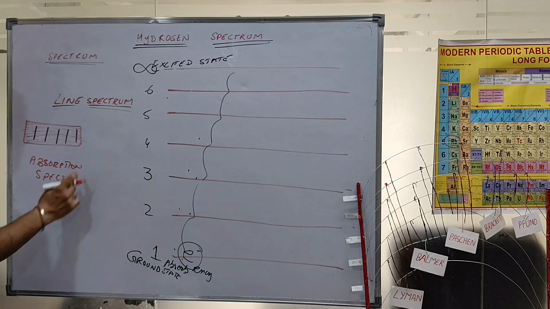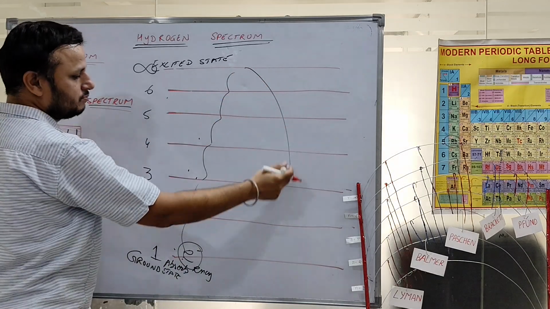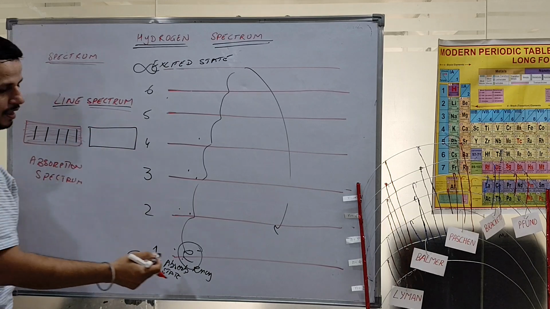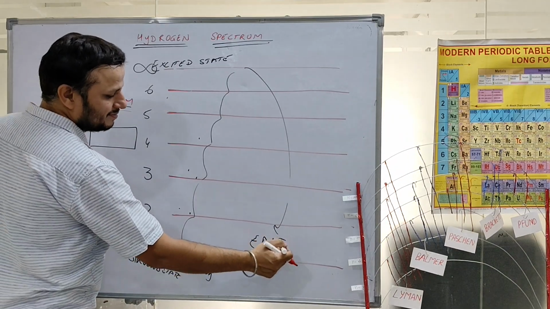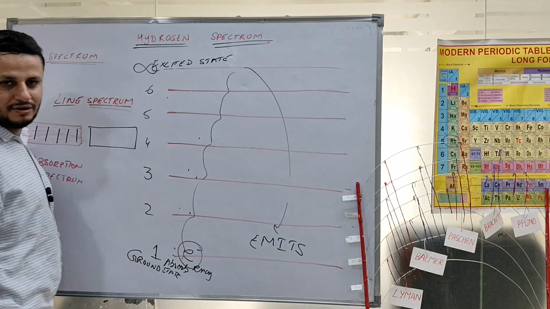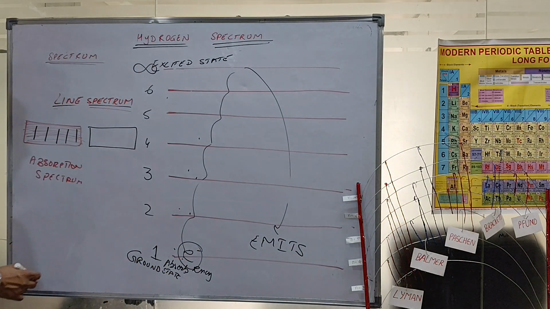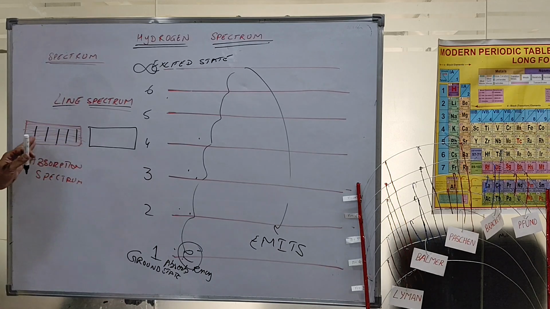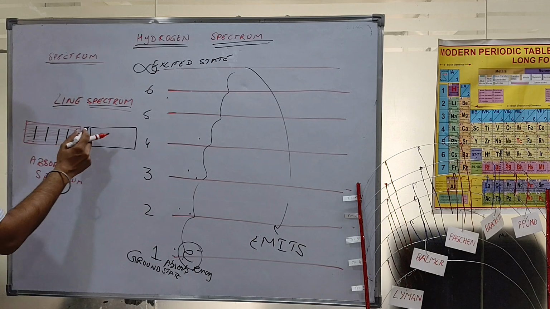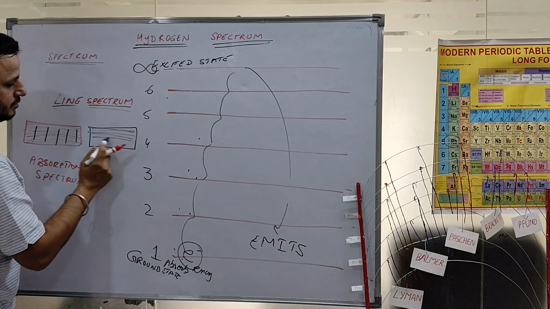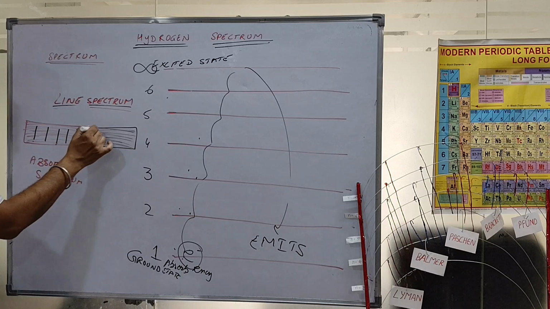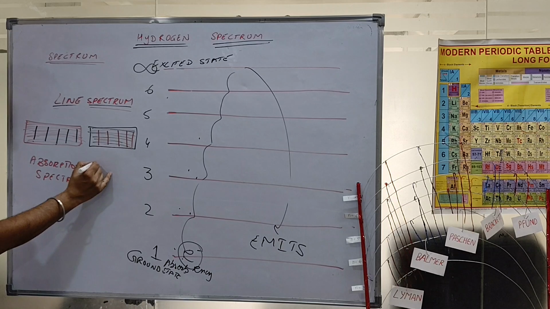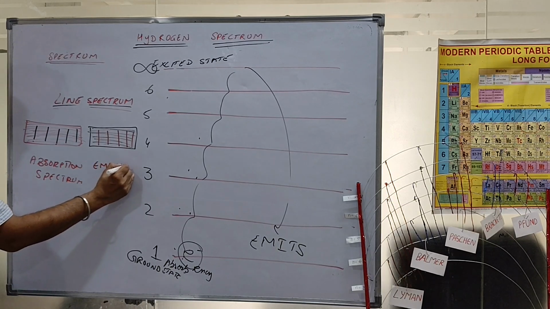And when electron comes back from this higher level, what does it do? It emits that energy. Electron emits the energy, and that energy is complementary to the absorption. In absorption, there is a colored background with black lines; in emission there is a black background, and on that there are few lines, and it is known as emission spectrum.